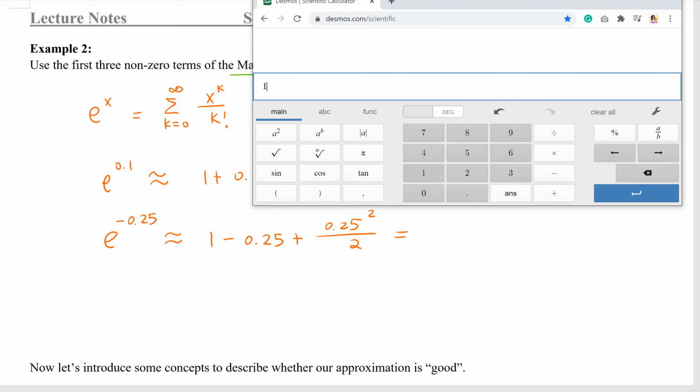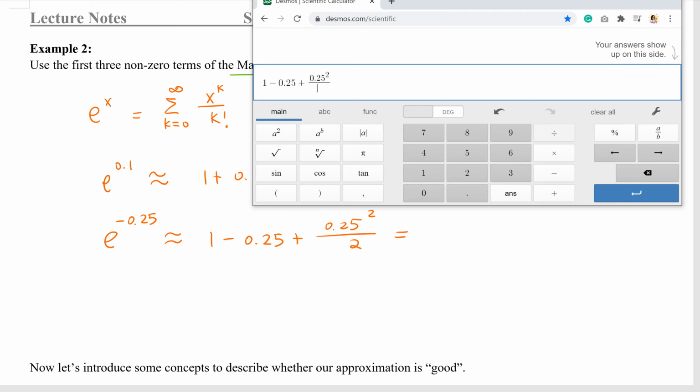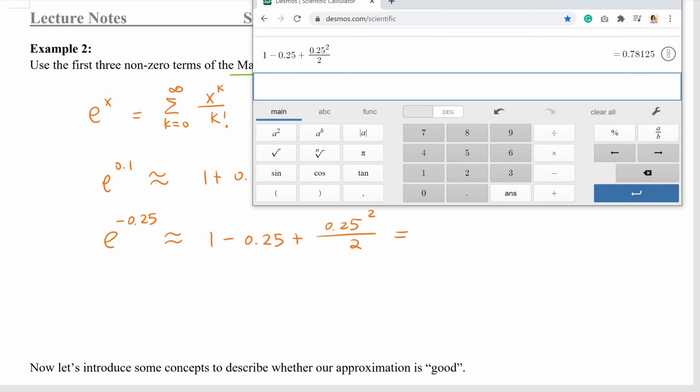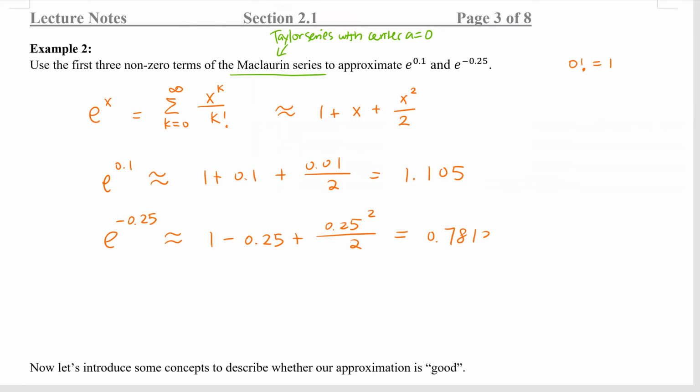So 1 minus 0.25 plus 0.25 squared over 2. I also hope you can calculate it with me, and learn how to press the buttons. Okay, so we get 0.78125. So far, so good, everybody.